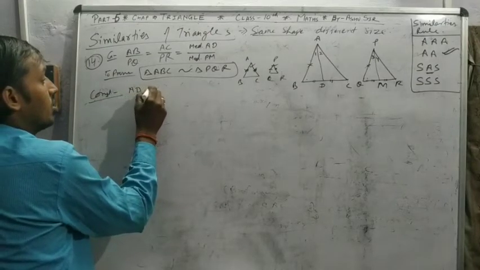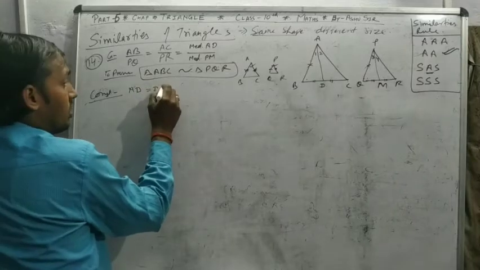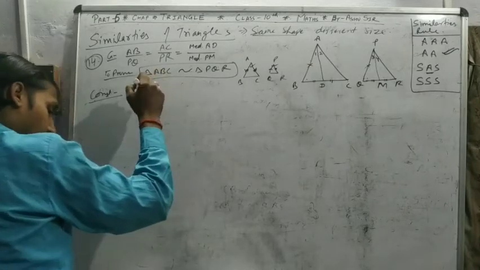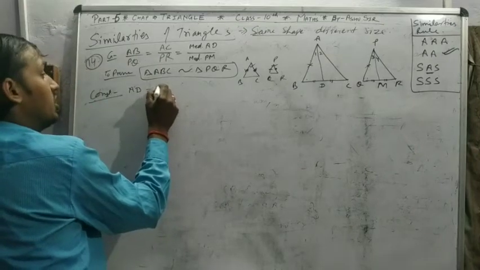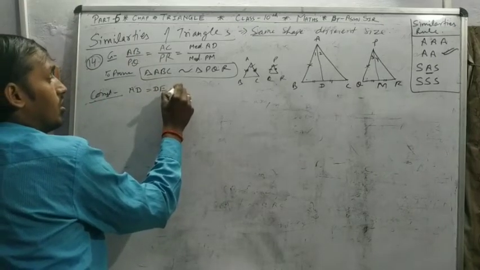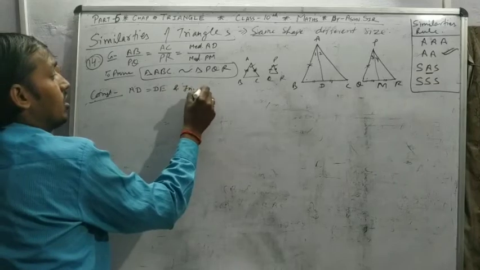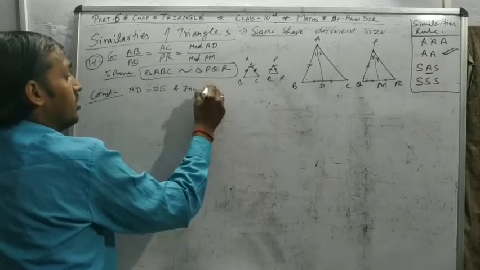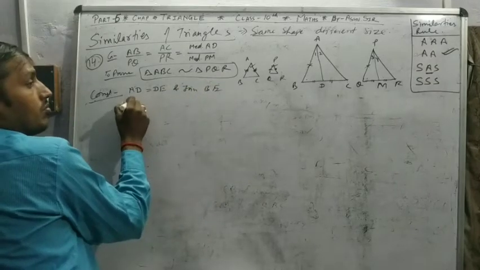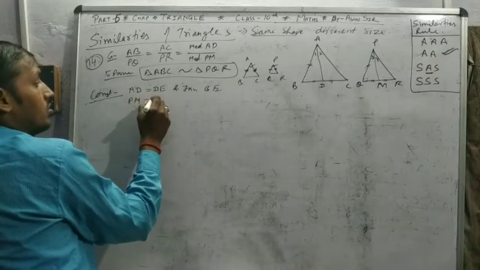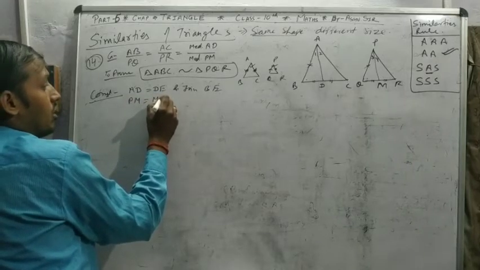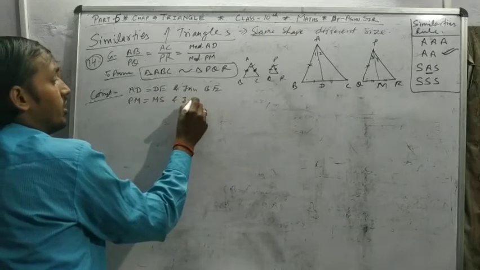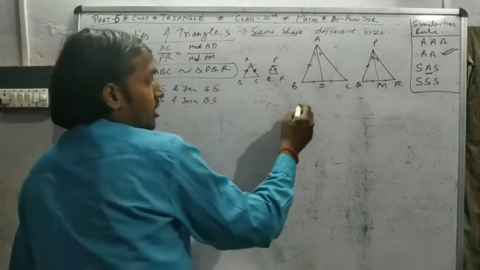Produce AD to E such that AD equals DE, and join BE. Same, PM equals MS, and join QS in the same straight line.